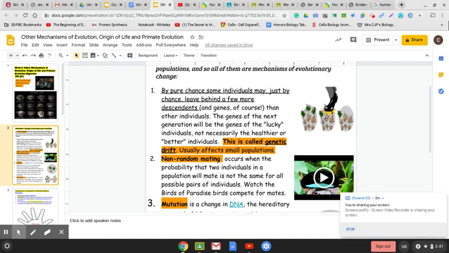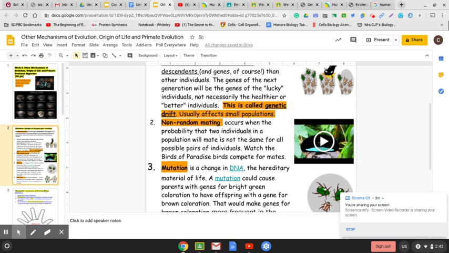Was it because the brown beetle was better adapted to its environment? No, it was just by luck. Okay. So this is called genetic drift. Now, usually, if this was a huge population of beetles, it probably wouldn't affect the ratio of green to brown beetles that much. So we say that genetic drift usually affects smaller populations more. Okay, so that's genetic drift.